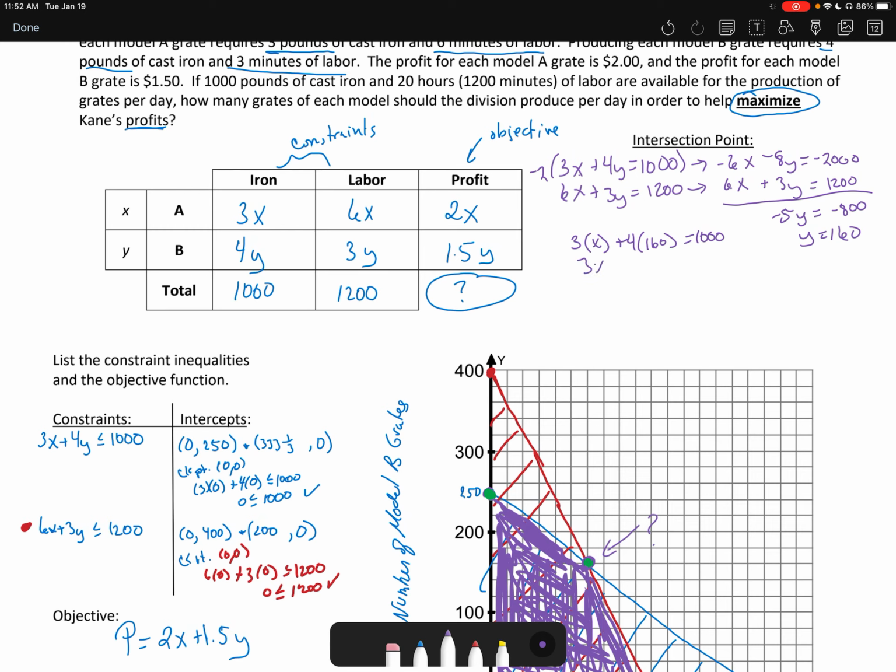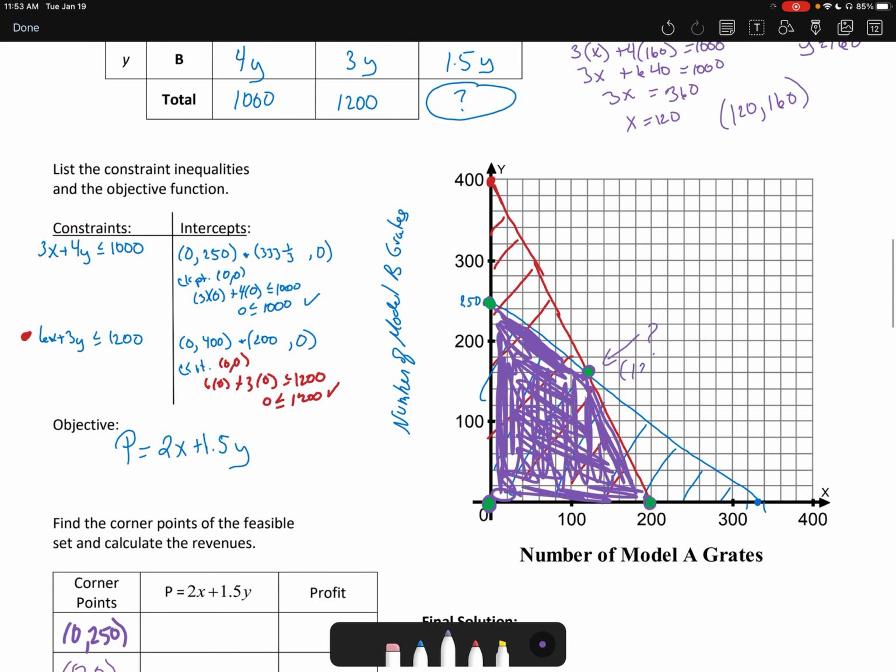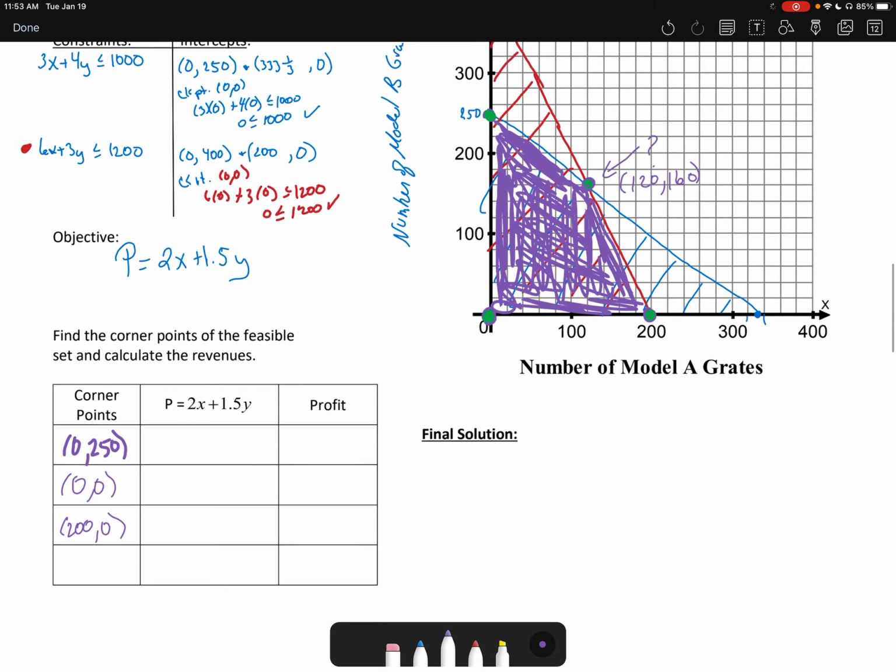I would have 3x plus 640 equals 1,000. 3x equals, subtracting, I would get 360. So x would be 120. So this intersection point is the point 120, 160. And this should look mostly right. That looks right based on where it was. So I'm feeling good about that.